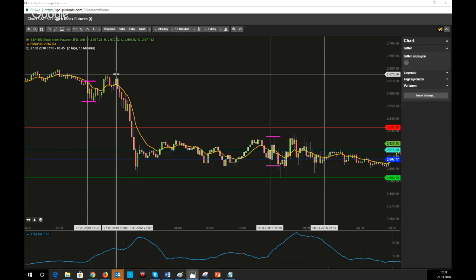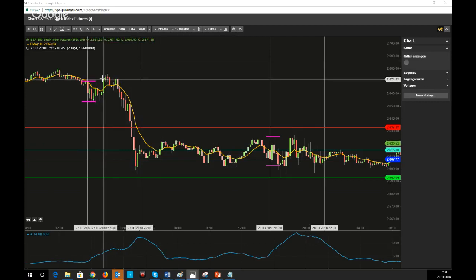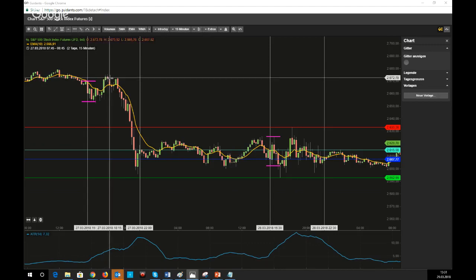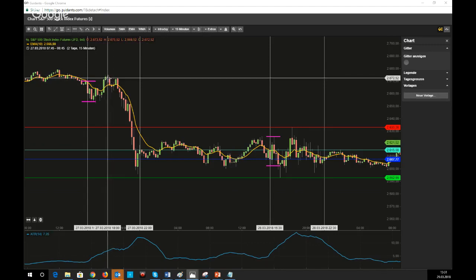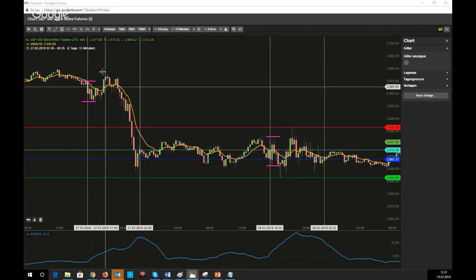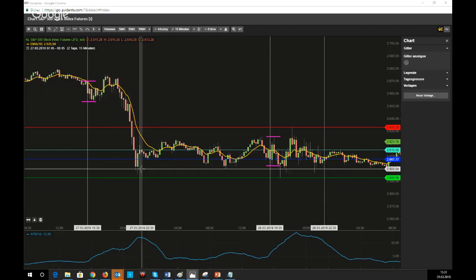So not having a stop placed at the server of your broker, for example, but instead placing a stop in your head, in your brain, and saying, hey, if this level is reached, then I take out the trade, only to avoid getting stopped out here, because you now come to the conclusion that such a stop is probably too tight, and it's preventing you from gaining a profit out of these favorable market conditions developing.